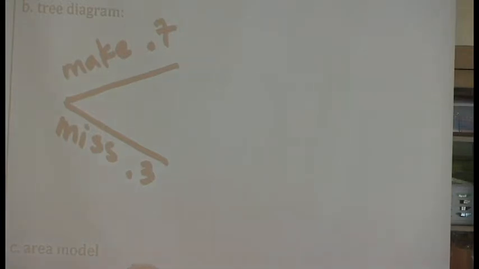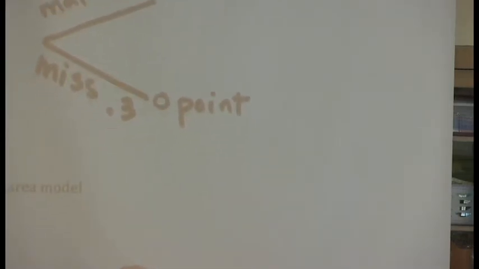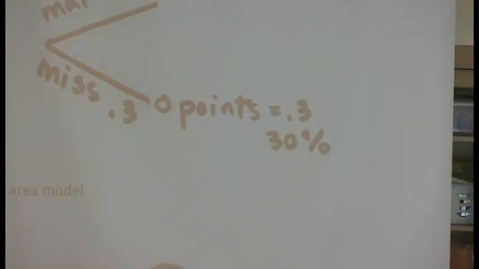Well, if I miss it, I'm totally done, right? So this would be 0 points, because nobody gives you another one. So 0 points is a 0.3 chance, or 30%, if you want to turn it into a percent.